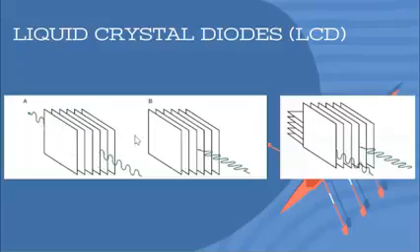If the vibration is perpendicular to the molecular grid or polarizing layer, it cannot pass through because it is blocked. So if it's parallel, it can pass through. As you can see, the grid is vertical and the light wave is vertical, so it can pass through. But if the light wave is perpendicular to the molecular grid or the polarizing layer, it cannot pass through.